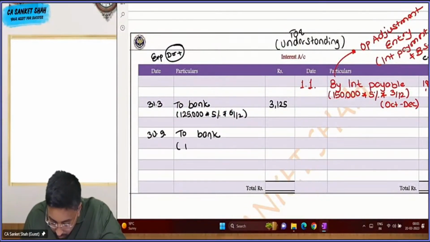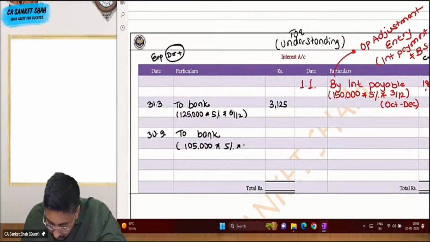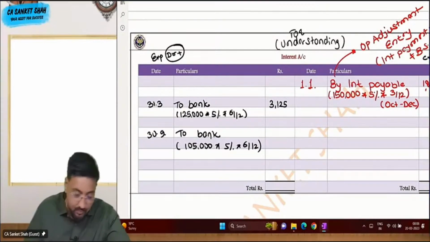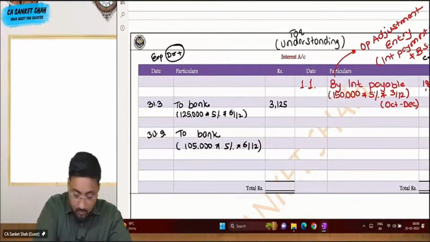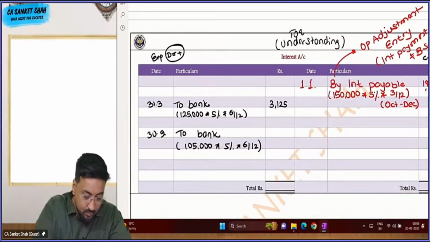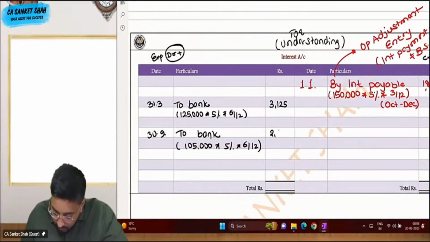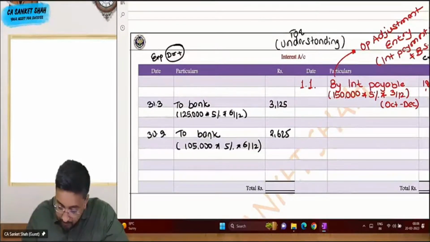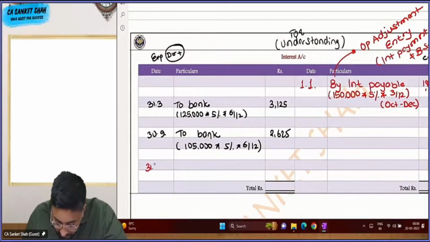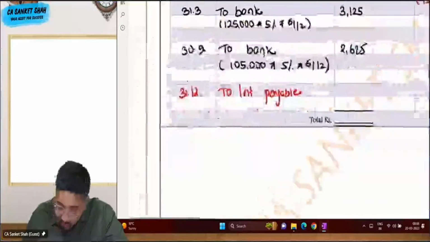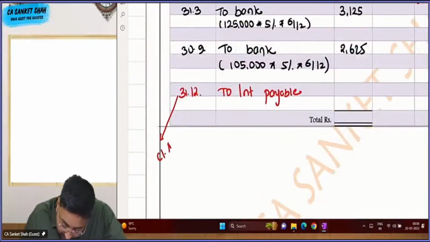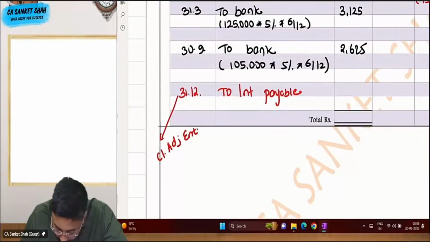Now you left with only 1,05,000 debentures, beta. Yes. 2,625. Then beta 31 December को to interest payable red pen closing adjustment entry.